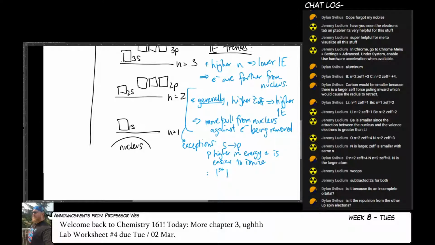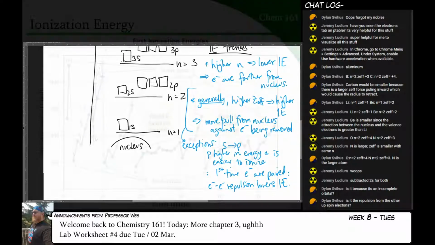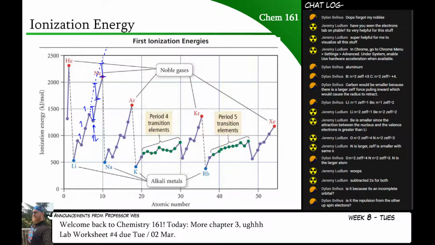And the first time electrons are paired, the electron-electron repulsion lowers the ionization energy. Okay? So those explanations help us describe the trend in ionization energy that we see on this diagram here.